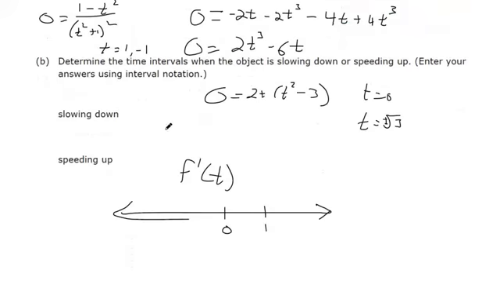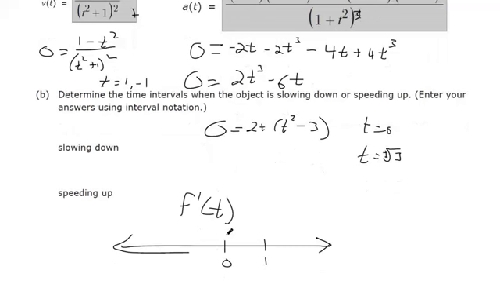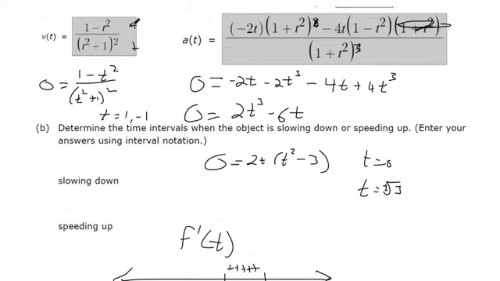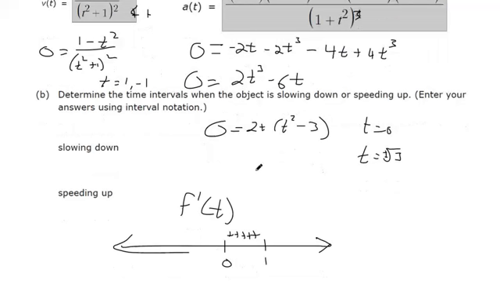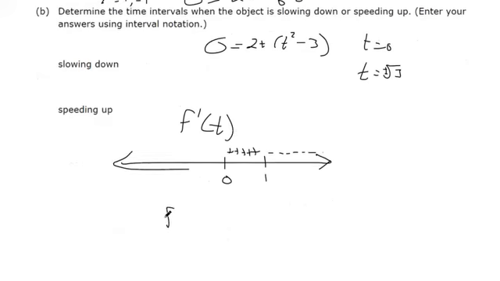So we plug 0.5 into your velocity function. 0.5 squared is going to give you 0.25. 1 minus 0.25 is going to give you a positive number up top and a positive number on bottom. We don't care what the actual number is. We just want to know the sign. It's positive between 0 and 1. And if you try plugging in 2, you're going to get a negative up top and a positive on bottom. So negative divided by positive gives you a negative. So those are our signs for velocity.